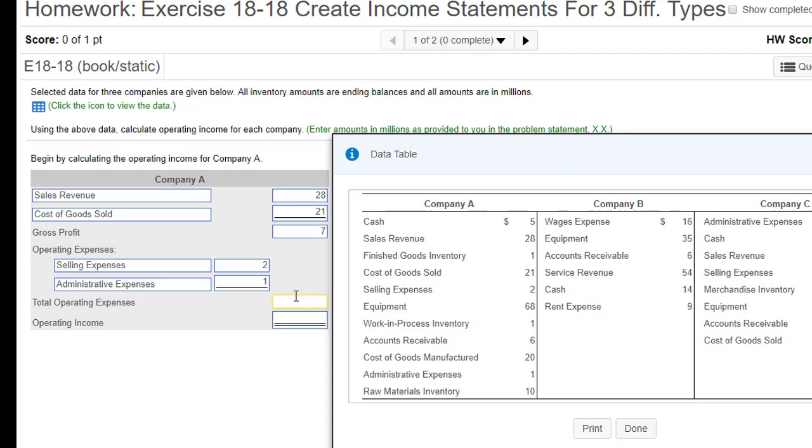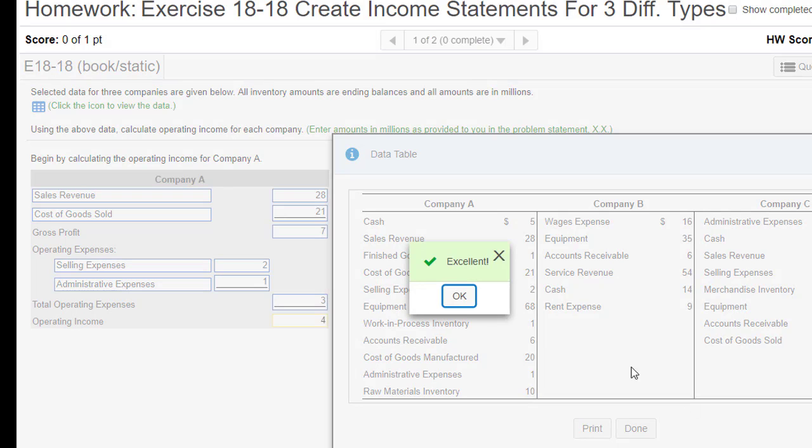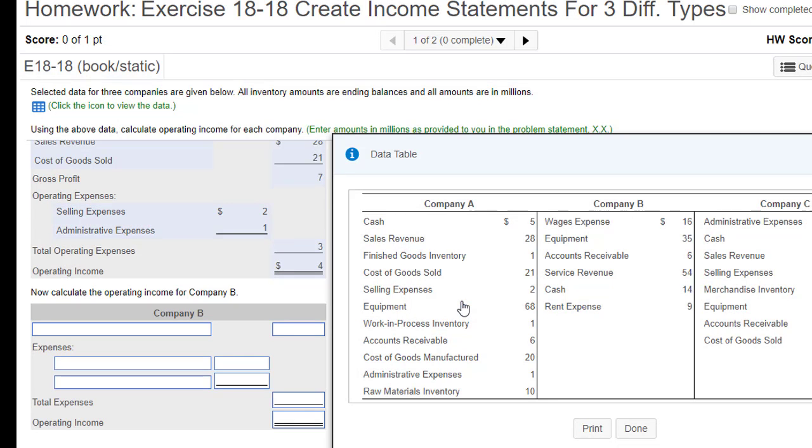That gives us a subtotal of 3 million. So we're going to take gross profit, subtract our total operating expenses. So 7 million minus 3 million gives us 4 million. Check our answer. There we go.